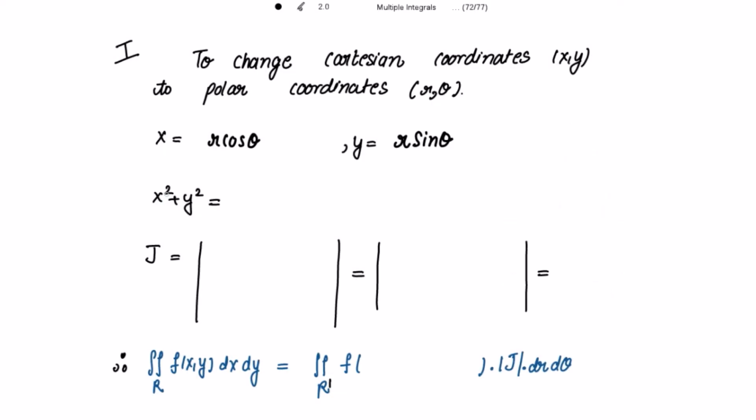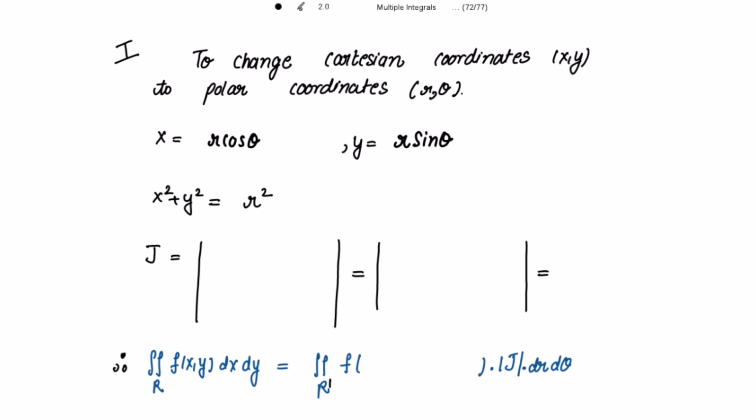And when you square and sum up, x square plus y square, you will get r square, because when you square this you get r square cos square theta plus r square sin square theta. That will give you simply r square. Now writing the Jacobian.